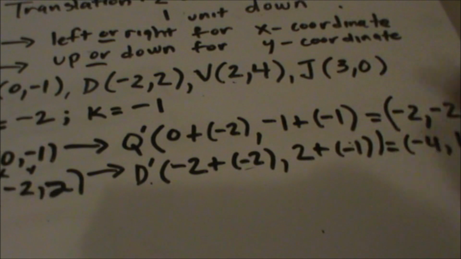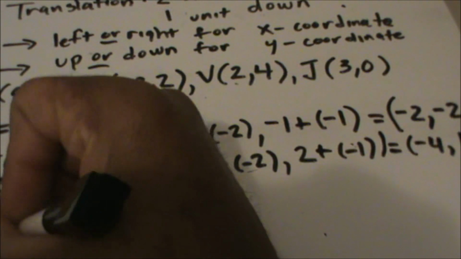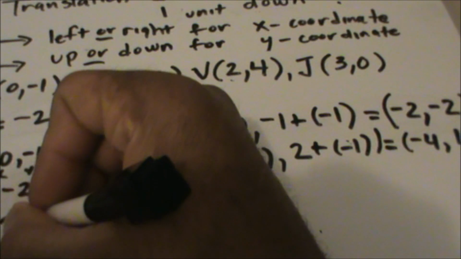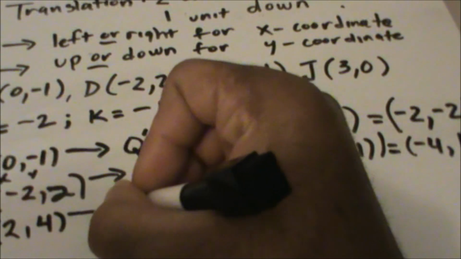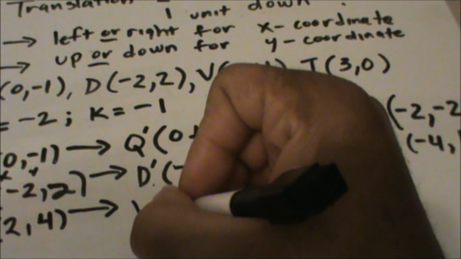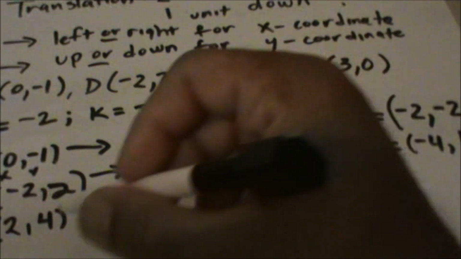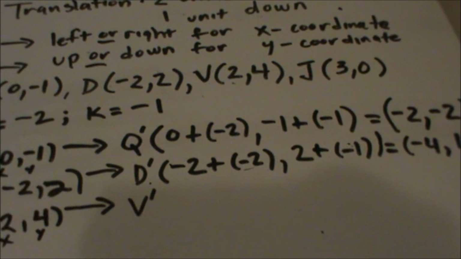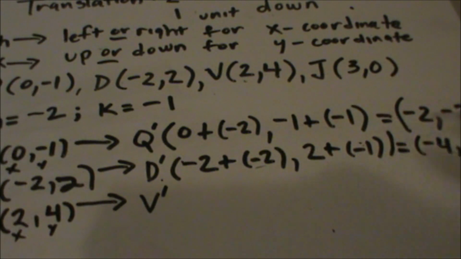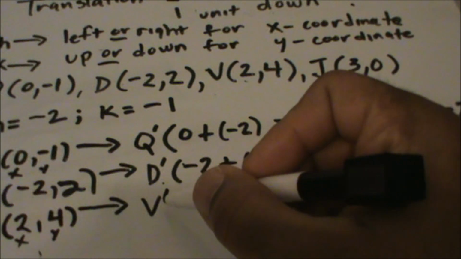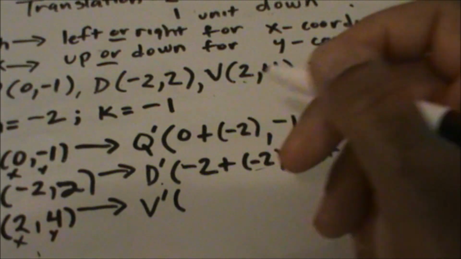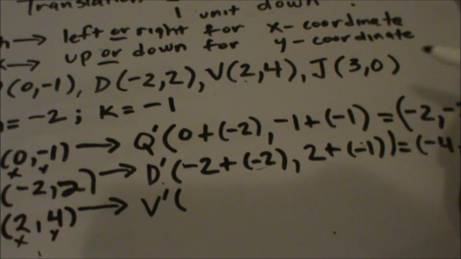Now your next point is V. V is (+2, +4) as your pre-image, and the transformation would be V prime. Again, this is your X and this is your Y. Your X and Y stay the same, but when the transformation begins as V prime, they have a different operation.